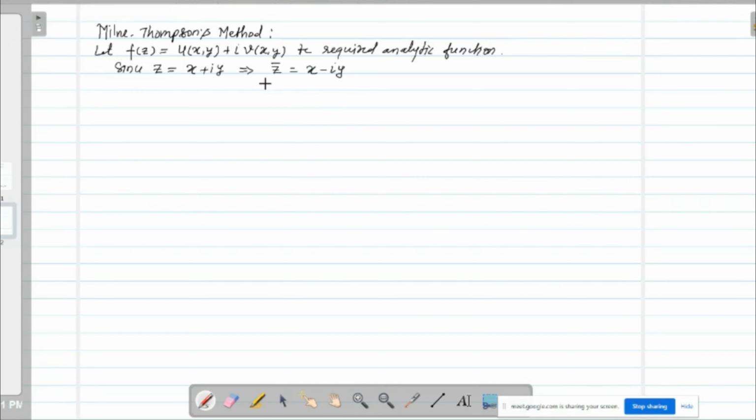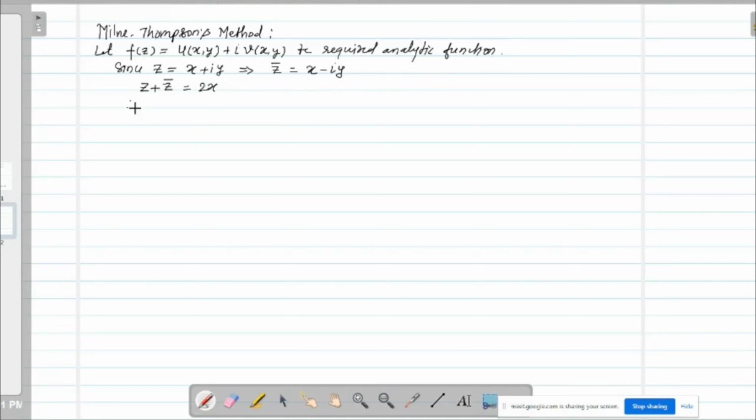Now I'm adding and subtracting. First adding both: z plus z bar is equal to 2x, since iy and minus iy cancel.